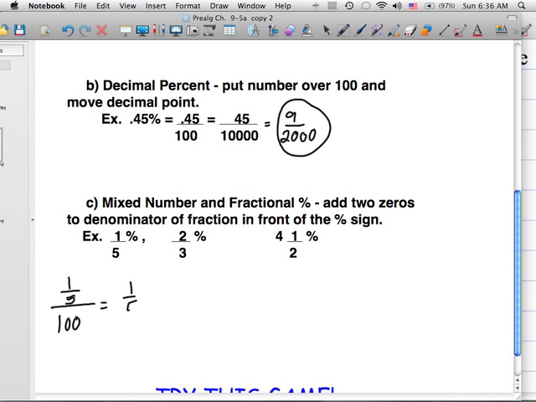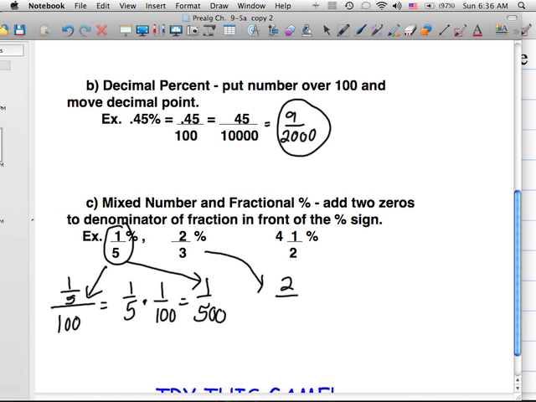That's the same as 1/5 times 1 over 100, which is 1 over 500. So I could, instead of doing this, I could have just added 2 zeros because I'm dividing by 100. So 2/3 percent would be 2 over 300. Compare me or divide me by 100. And then I would simplify that.